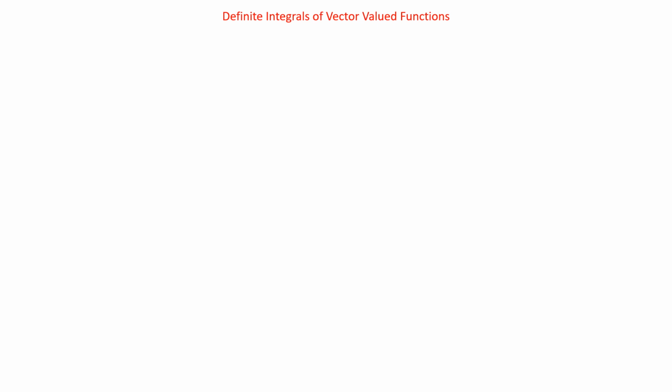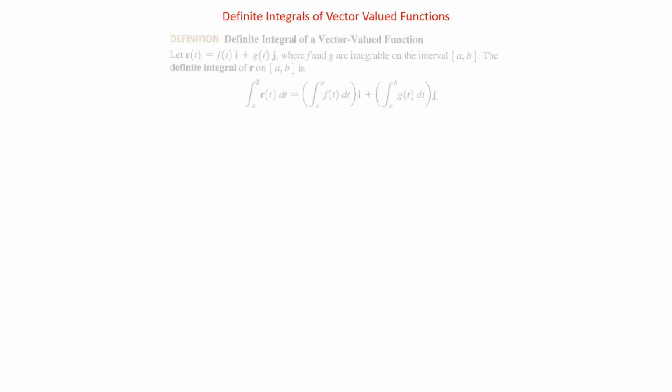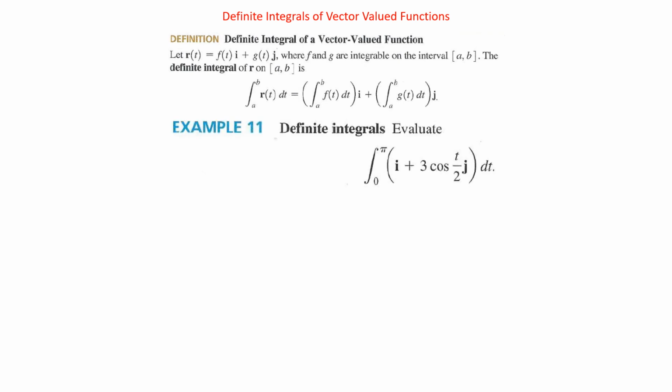Same thing. We just take the definite integral of each piece separately. So we want to evaluate this, i plus 3 cosine of t over 2 j. So this first one's 1.